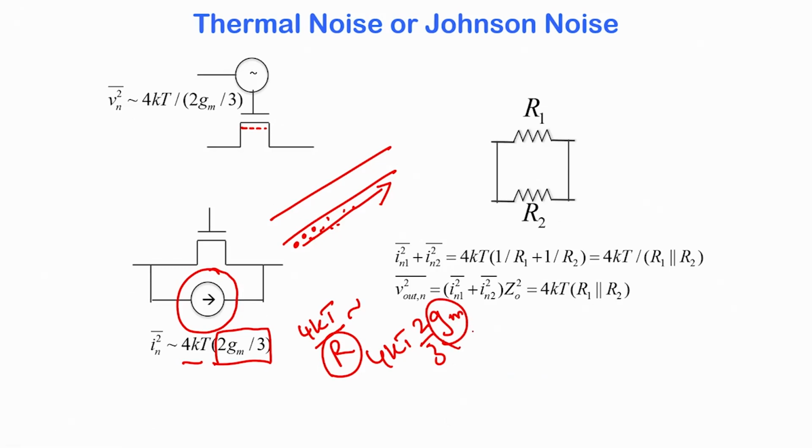And Gm therefore determines the amount of noise. So if you want a smaller amount of current noise, you want to reduce the Gm of the MOSFET. So this is the output noise of the MOSFET.